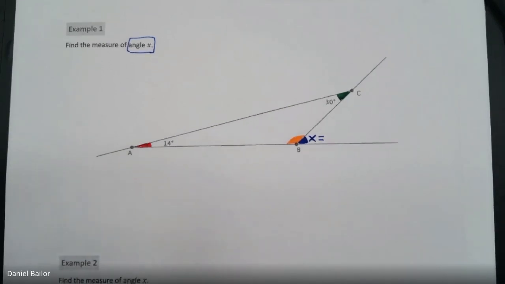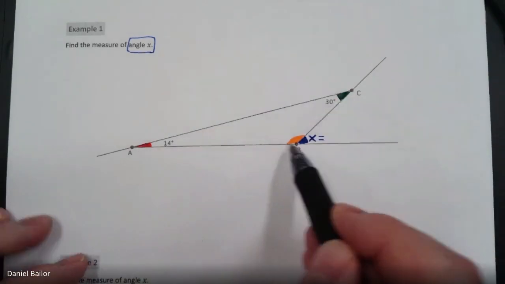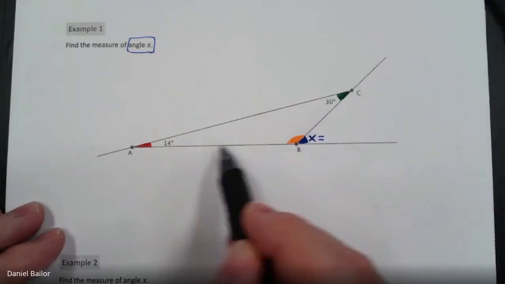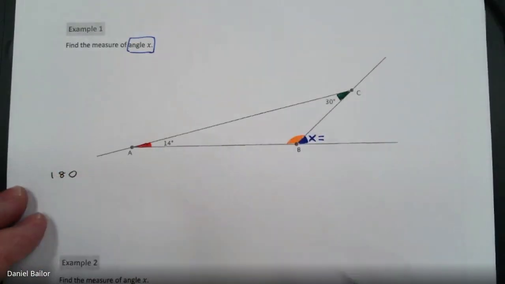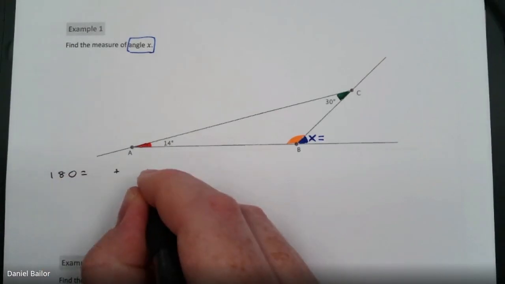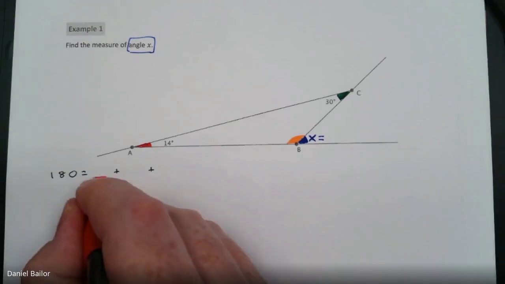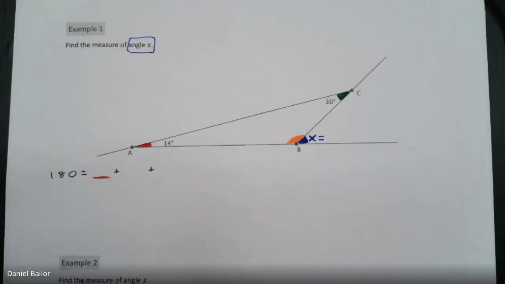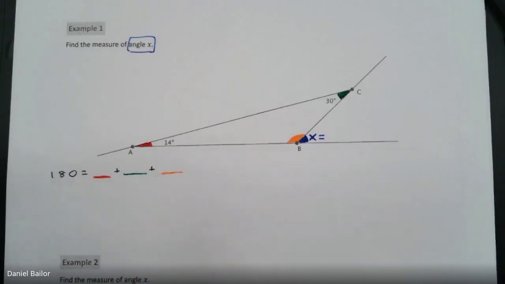The long way tells me that this whole triangle, everything inside, is going to be 180 degrees. So I know that 180 degrees is going to be my red angle plus my green angle plus my orange angle. So I know 180 is going to be all three together.